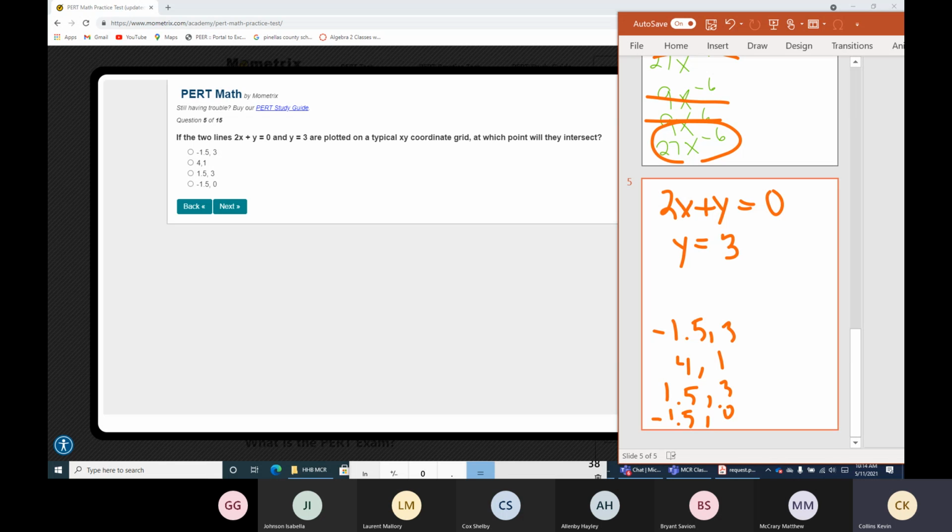So which answers are automatically wrong? Because it's literally telling us that y equals 3. So which answers are wrong right out of the gate?